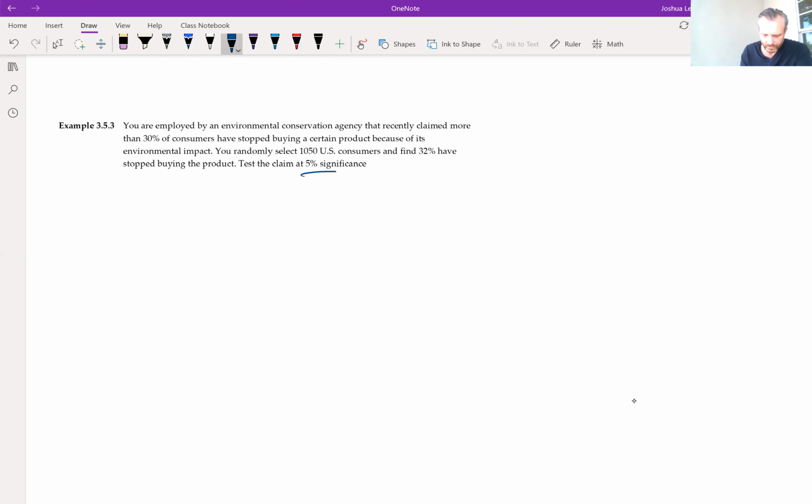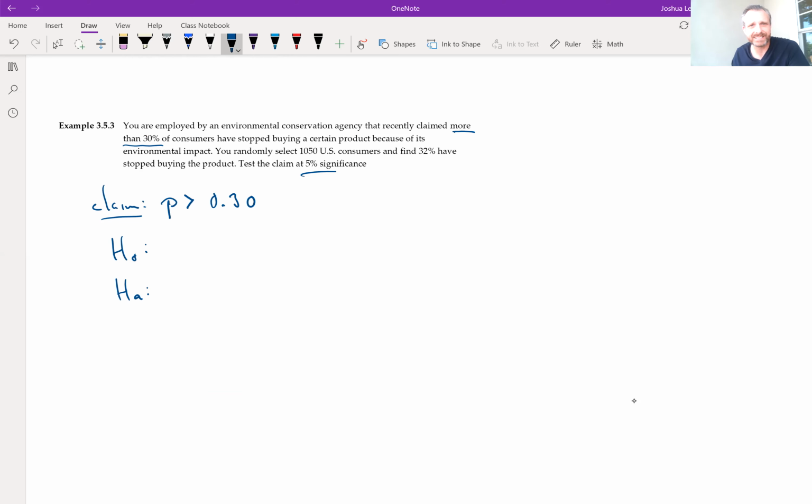All right. Well, first, we need a claim that is mathematicized. More than 30%. Well, it's a claim about a proportion, so P greater than 30%. Now, I can write my hypotheses. Again, the null has to have equality.